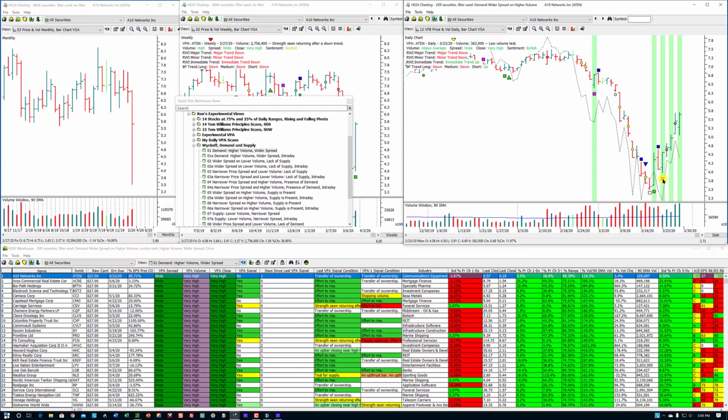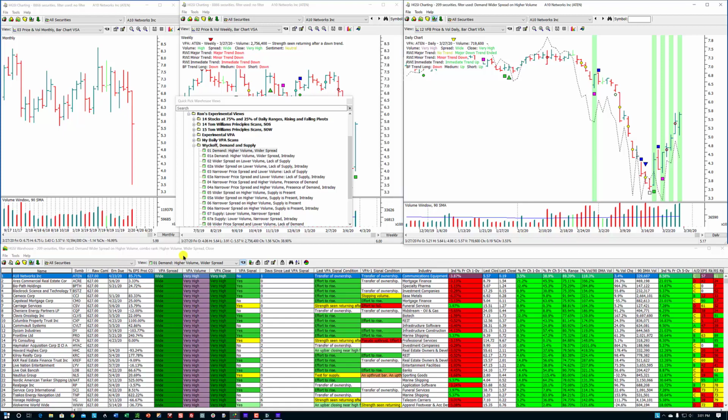On this day, the conditions were met. We also had a test for supply. Up the next day, here's a day where the conditions of this screen were met, but there is no VPA flag. The conditions were not met here, but on Friday they were met again, and no VPA flag there.